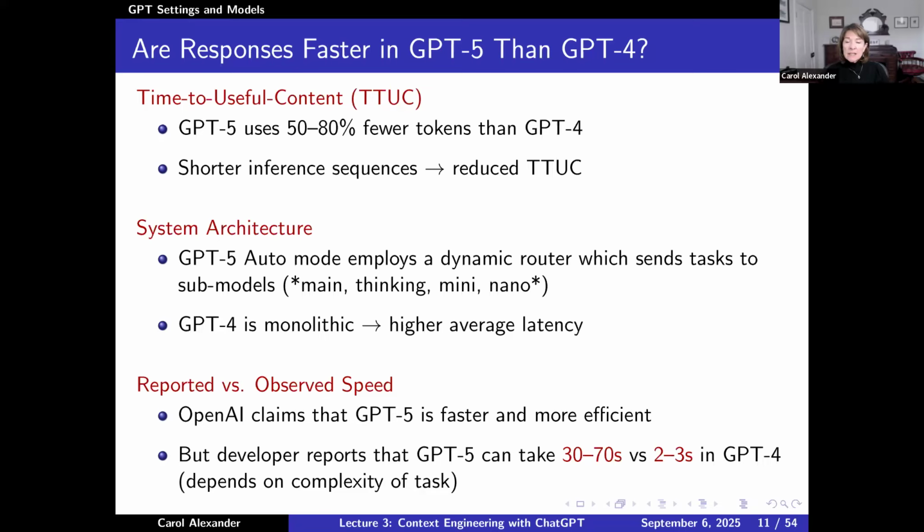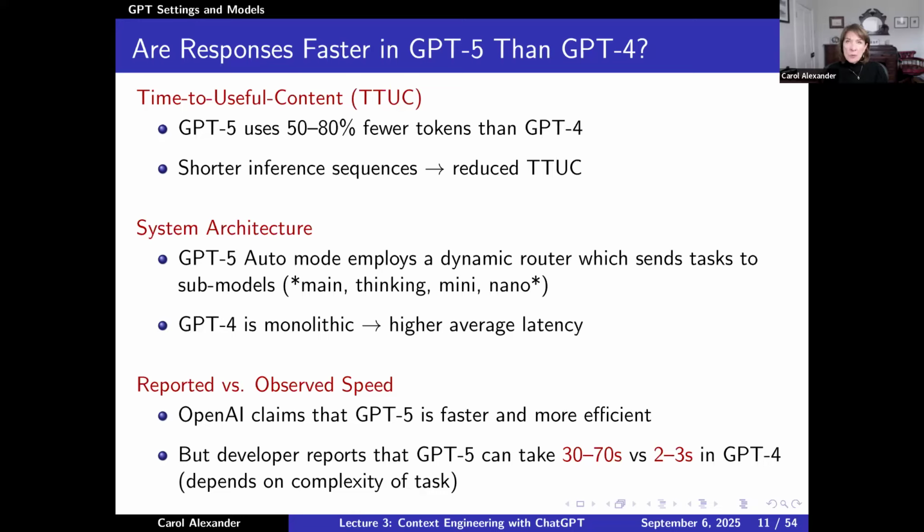And the problem, though, is that GPT-5, when you're in auto mode, it has a dynamic router. It can switch a task to the main, the thinking, the mini, or the nano modes, whereas GPT-4 is not going to switch between modes, and that, on average, means that it is slower.